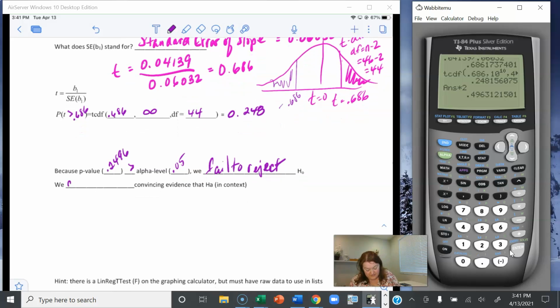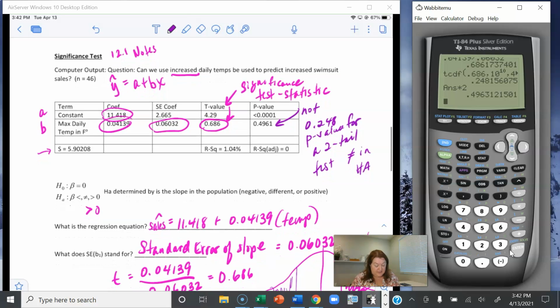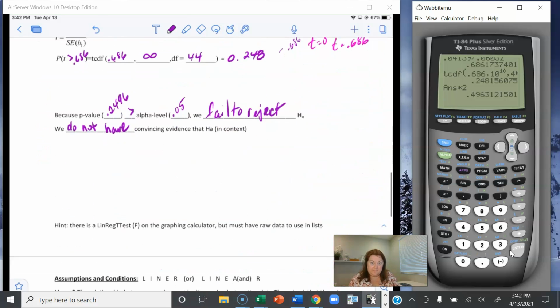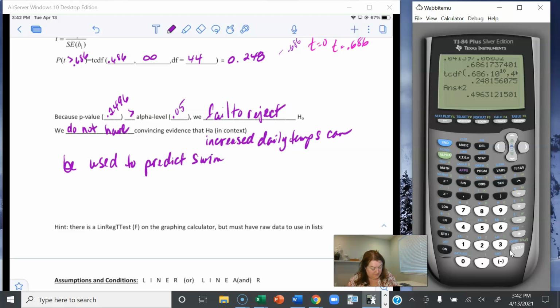Meaning we do not have convincing evidence that whatever the HA is, and in this case it would be that increased daily temps can be used to predict swimsuit sales.